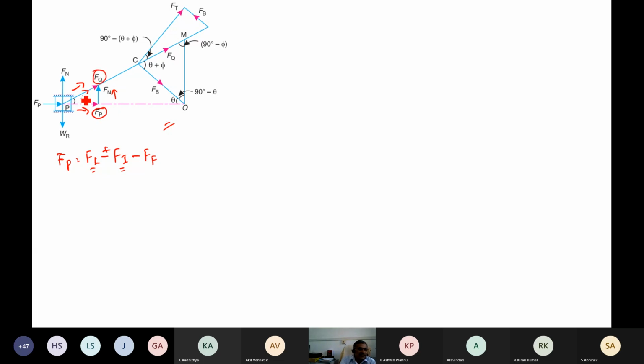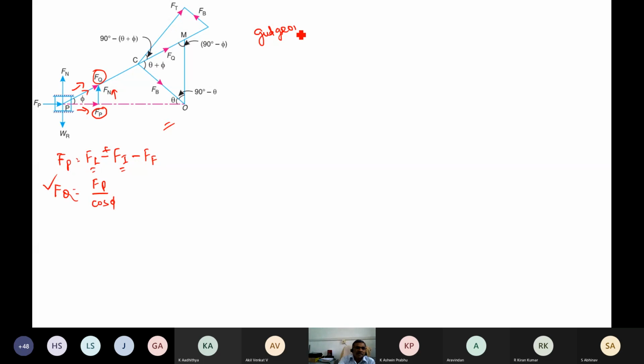Again trigonometry. Fq is equal to Fp divided by cos phi. Right? How to calculate Fn? What is Fq? The force acting on the connecting rod. Another name also there, that is the gudgeon pin. You know what is a gudgeon pin?